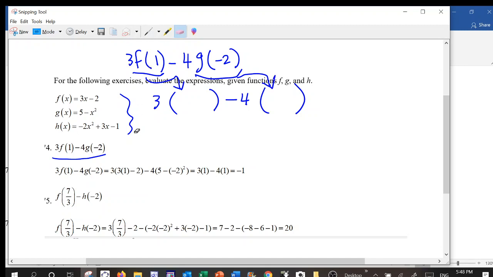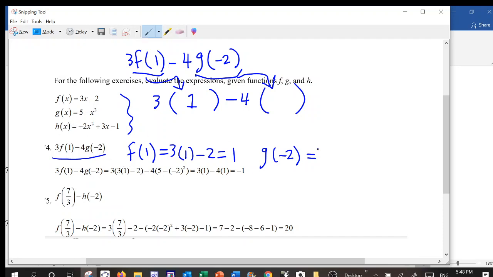So let's find them. What's f of 1? Well, for f of 1, I'm going to have to use this: 3 times 1 minus 2, and that is 1. And what is g of negative 2? Well, g of negative 2 is that one right there.